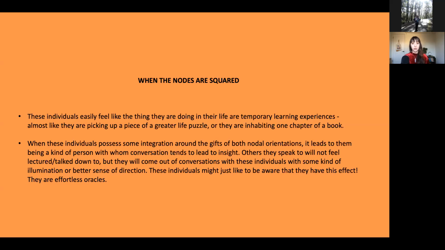Another thing that I notice that's really beautiful about this position when these nodes are squared is that they have the skill sets of both nodes developed. So it's someone who is a pretty good conversationalist oftentimes, who also has a lot of wisdom.